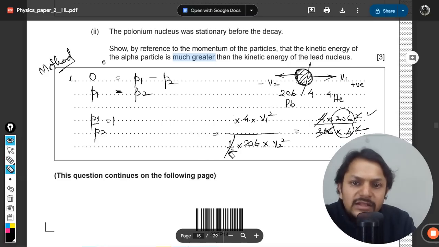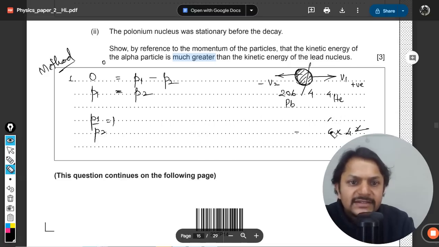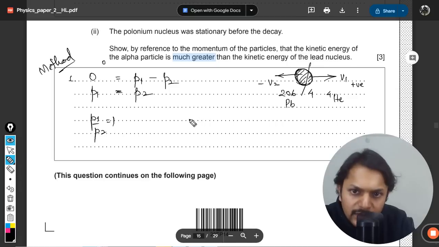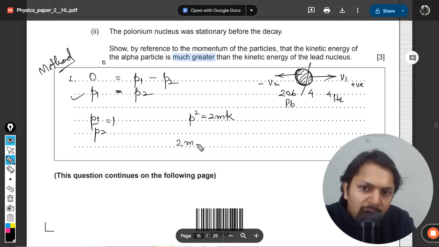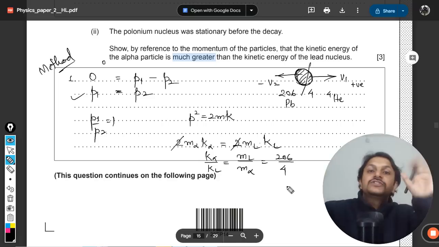Now there is a simple formula that we do in mechanics: P square is equal to 2mk, and momentum is the same in both of the cases. So clearly 2 mass of alpha and the kinetic energy of alpha is equal to 2 mass of lead and the kinetic energy of lead. 2 and 2 get cancelled out. So kinetic energy of alpha divided by kinetic energy of lead is equal to mass of lead divided by mass of alpha, which directly gives you the answer as 206 by 4.